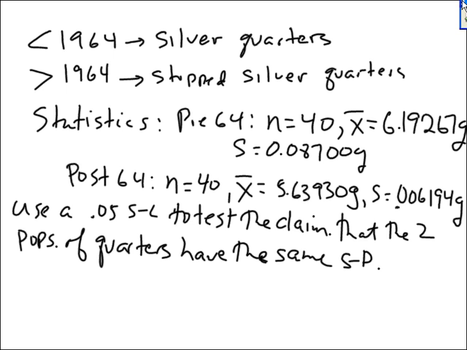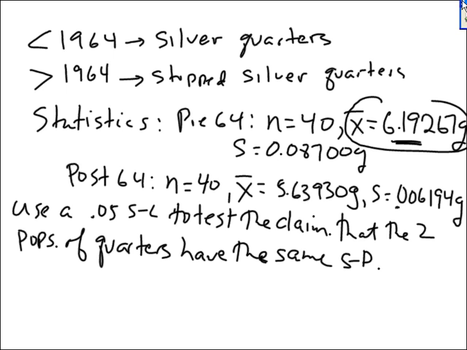Because after 64, they have machines that have a tolerance. They have a little leeway on that weight. If you weren't within a small range of that weight, they rejected your coin. Now, if after they stopped making the silver quarters the standard deviation got bigger, then the machines will start rejecting the coins.